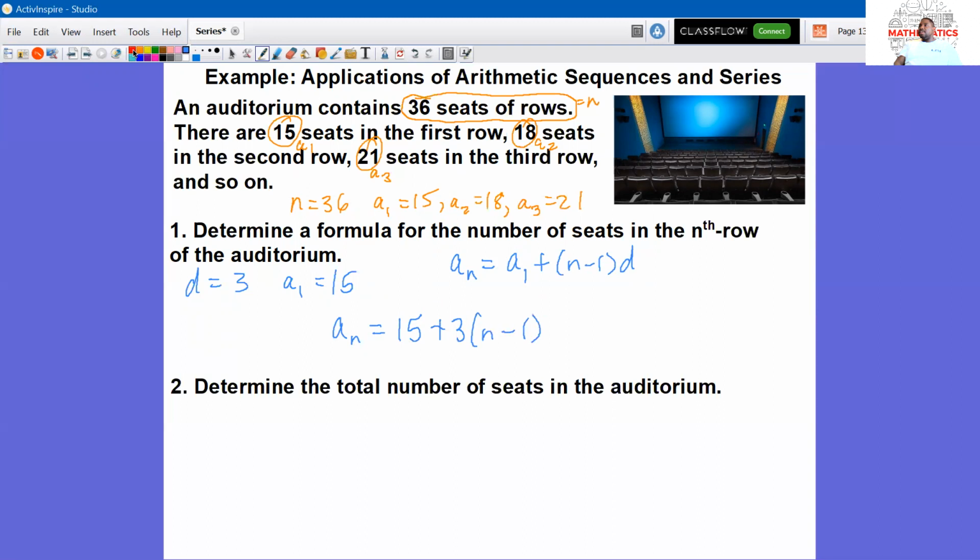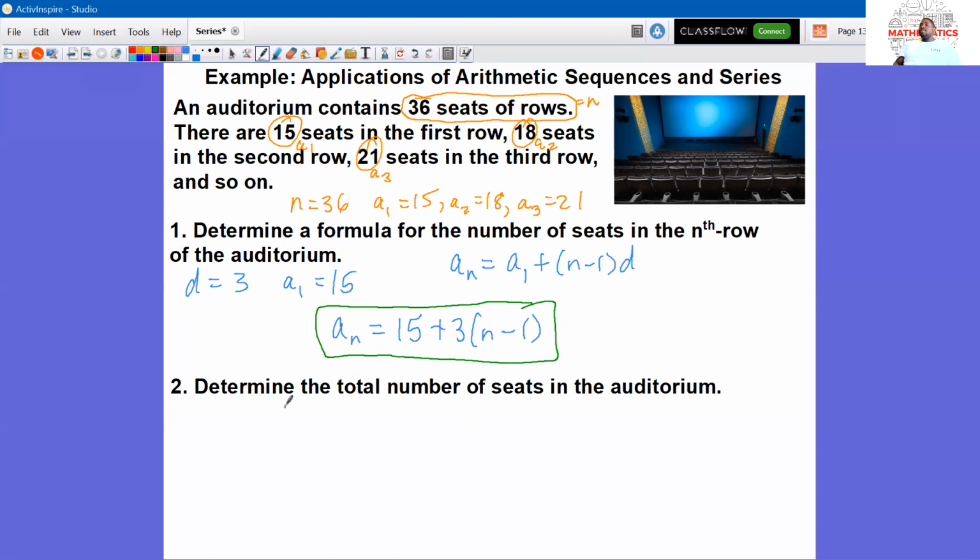That is the formula for the nth term. If I wanted to know how many seats were in, say, the fourth row, I plug in 4 for n. That's going to give you 3 times 3, which is 9, plus 15 is 24. So 24, which follows the pattern even.